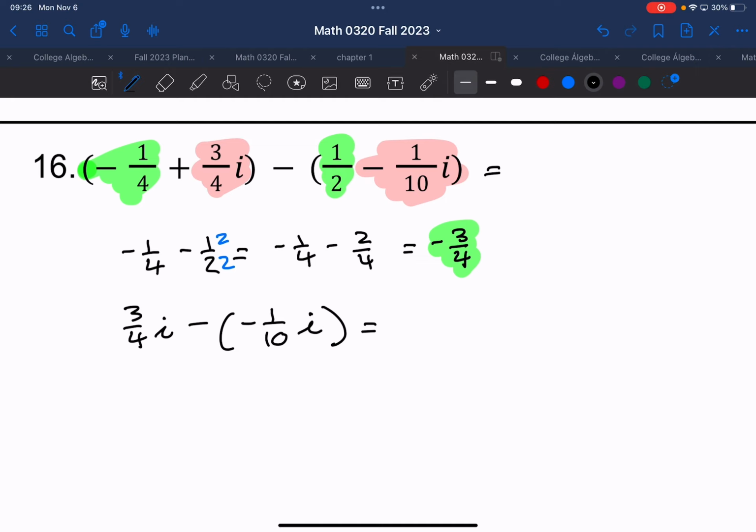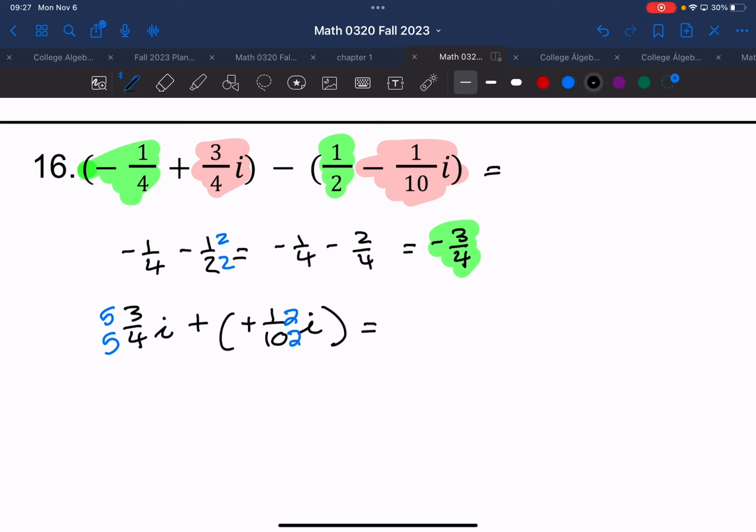For here, we have a negative and a minus sign. That's going to turn into what? Positive. And then we have the denominators 4 and 10. So what's going to be the common denominator? 20. So that means we would multiply the first fraction by 5 and the second fraction by 2.